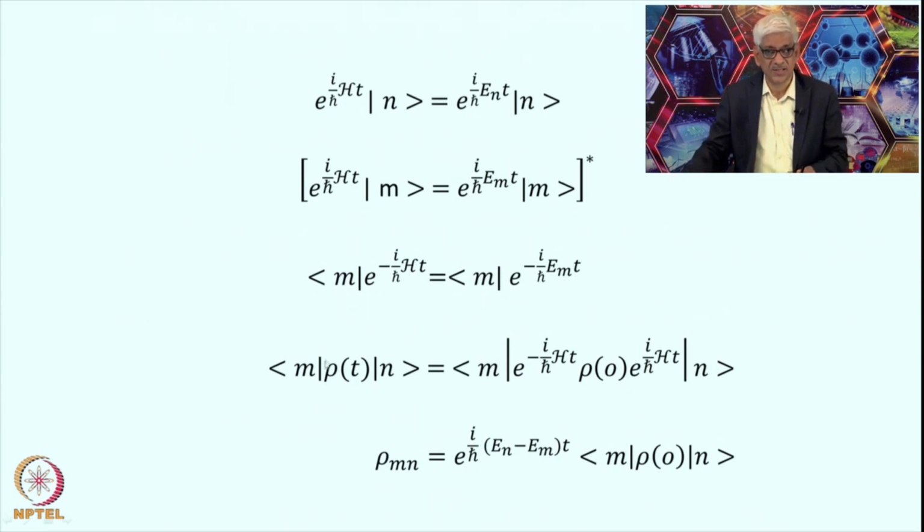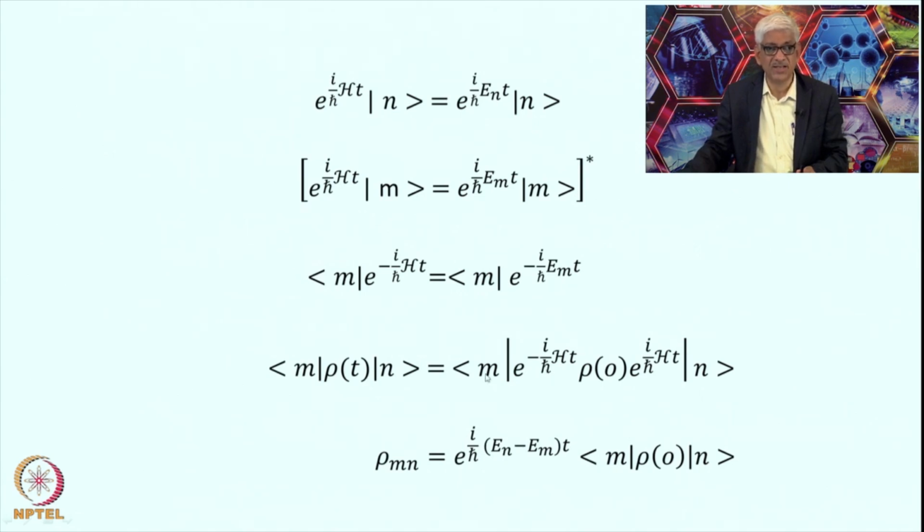So you put that definition here, because now we want to operate this one on this side and this one on this side. This operating on this side gives me e to the i over h cross En t, because this now is a number.